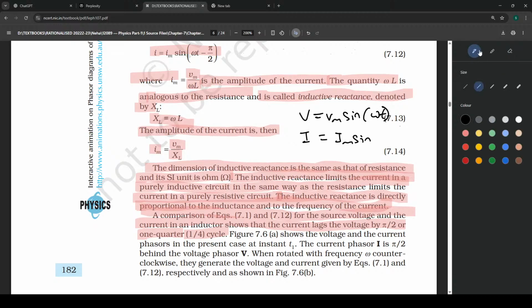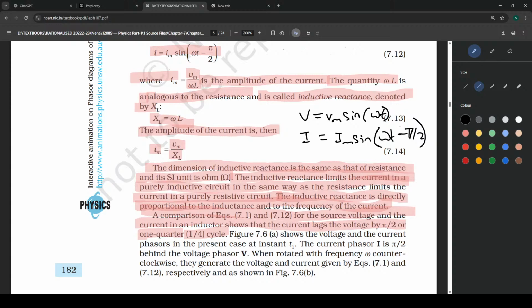But as we know from before, in case of an inductive circuit, that is not the case. In case of an inductive circuit, I is equal to Im sine omega t minus pi by 2. This is the reason we went through the headache of converting cos omega t to sine omega t minus pi by 2, to compare these both equations.